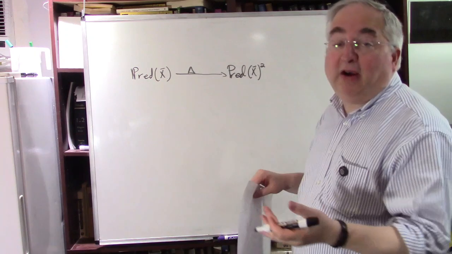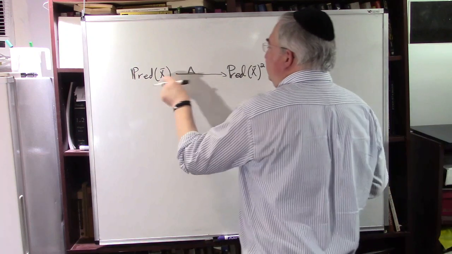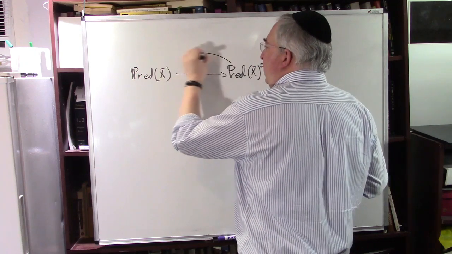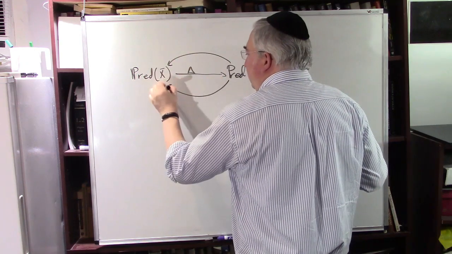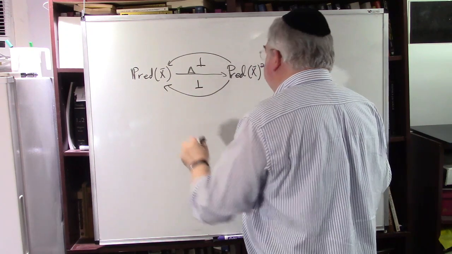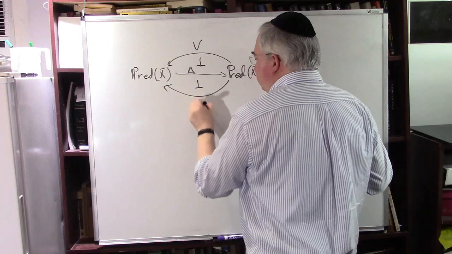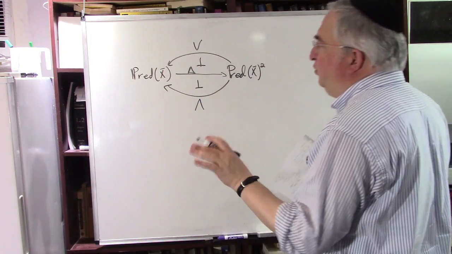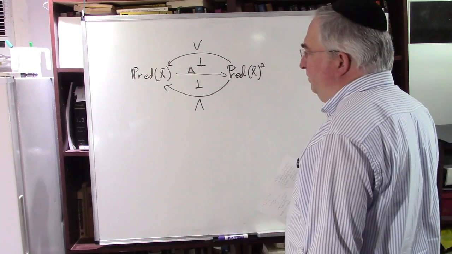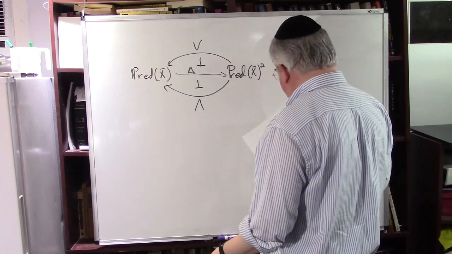Okay, that means pairs of predicates. Okay, and this takes, you know, Q to Q comma Q. Okay, and of course this has a left adjoint and a right adjoint. Okay, and this is or, this is and. So everything works exactly like it worked for prop. It works here also.